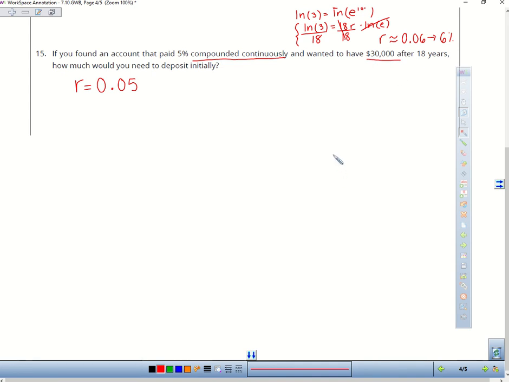Is that how much you currently have? No, it's A. After 18 years, that represents time. So what we don't know this time is the P, right? So your variables that you're missing are always P-A-R-T, the word part. And one of those will always be missing, and you have to solve for it, okay?